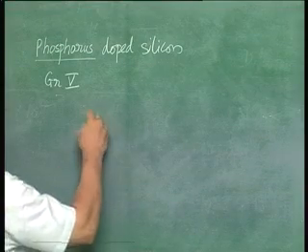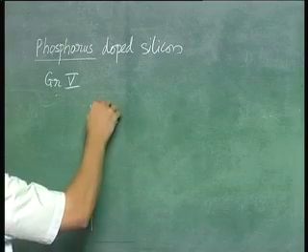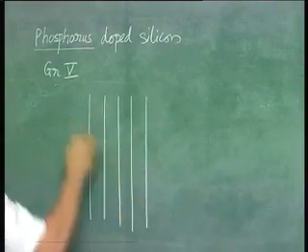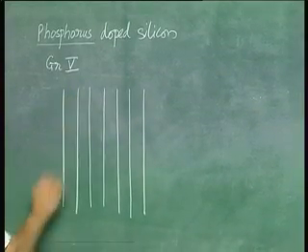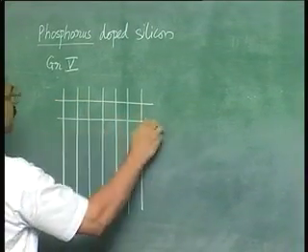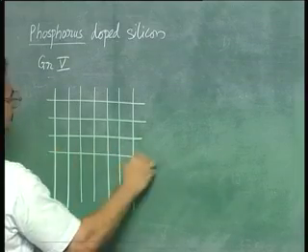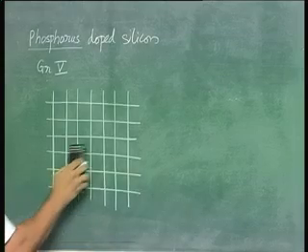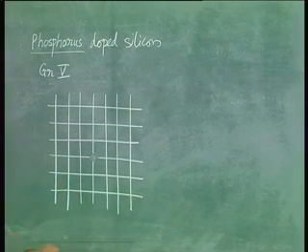So let us draw the bond model of pure silicon first, that is a matrix, a two-dimensional matrix. And we assume that in this matrix somewhere instead of silicon you have introduced a phosphorus atom.